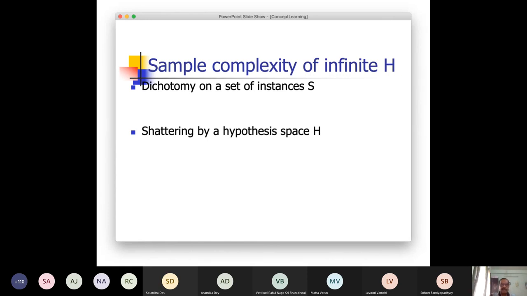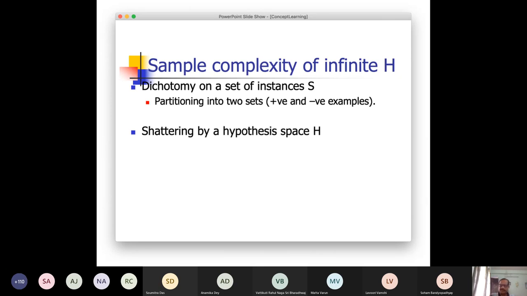So let us try to understand first what is meant by dichotomy when I give you a set of instances. A dichotomy, by definition, is when you have a two-level situation. That means there could be two classes, or only two levels. Either an instance is positively labeled or negatively labeled, positive example or negative example.